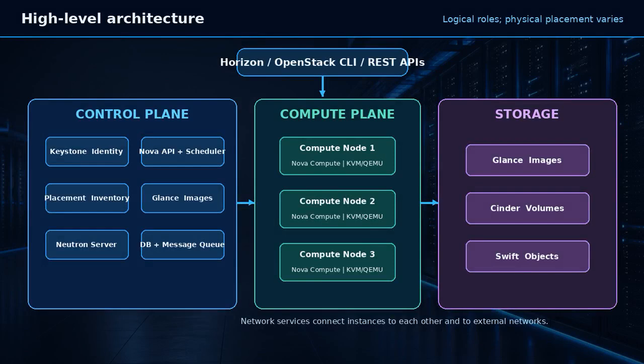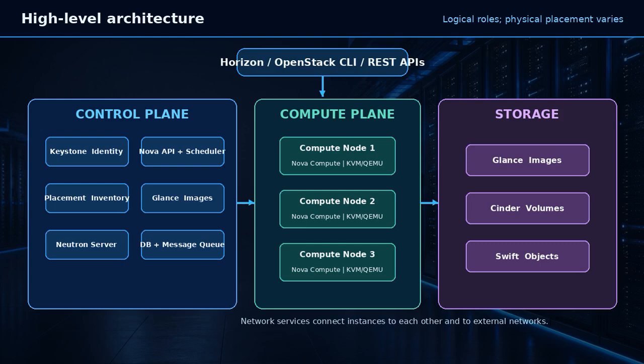A useful way to understand an OpenStack cloud is to separate its major planes. The control plane manages APIs, identity, scheduling, and coordination. The compute plane supplies CPU, memory, hypervisors, and the virtual machines themselves.